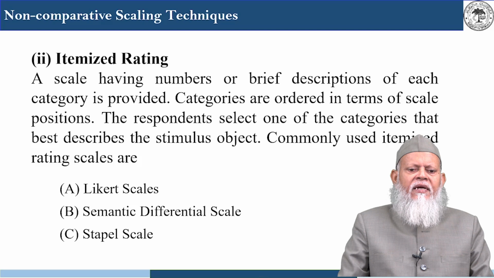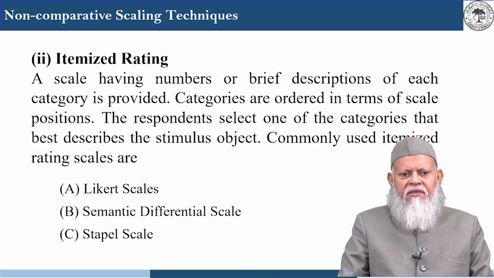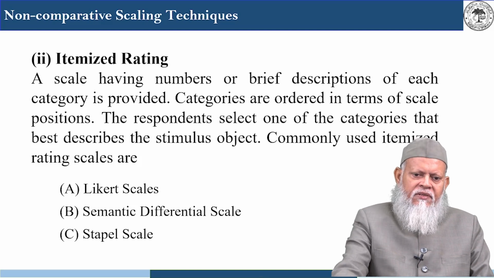Commonly used itemized rating scales are: number 1, Likert scale; semantic differential scale; and the Stapel scale. We shall be discussing each of these scales, which are called the itemized scales, one by one.